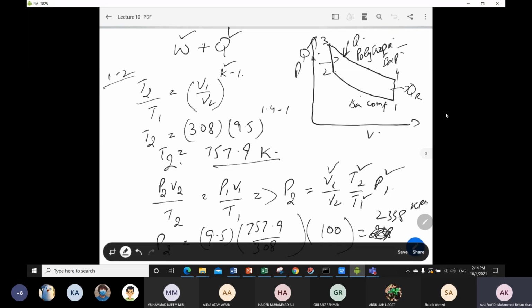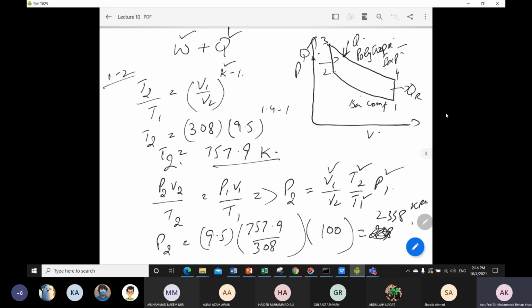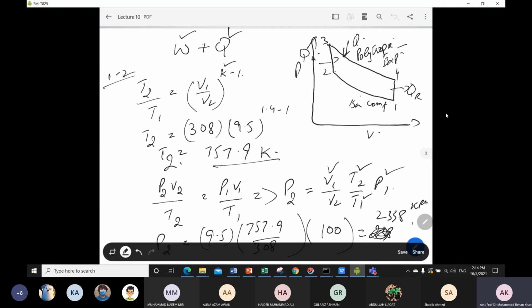So now moving towards the polytropic process. We will see how to find the variables for the polytropic process. So first you have to note it down, then I will move forward.